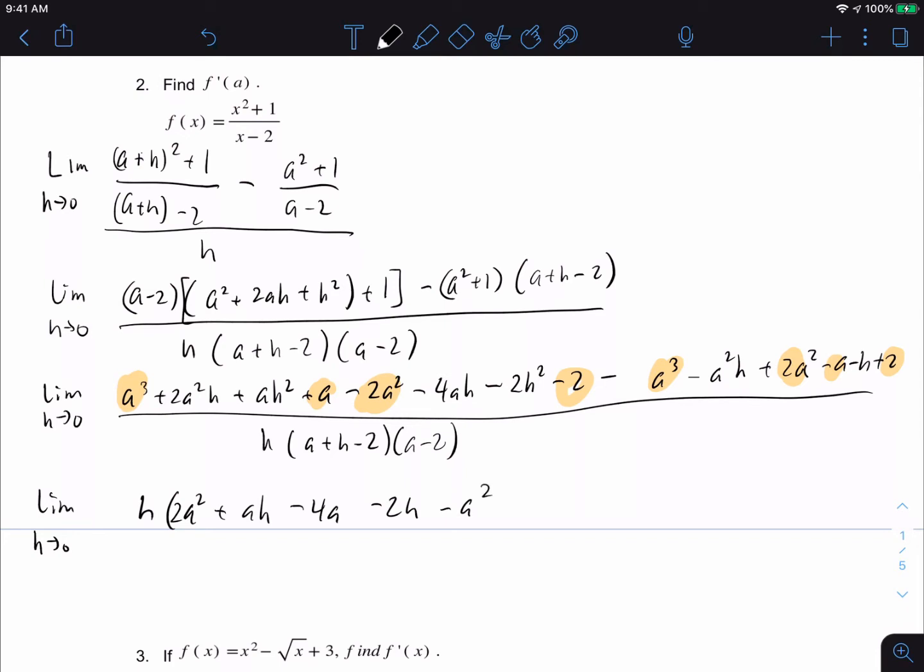Oh, that could have been combined. Okay, I should combine it. So this would just be a 1. Oh, and I left out a minus 1.